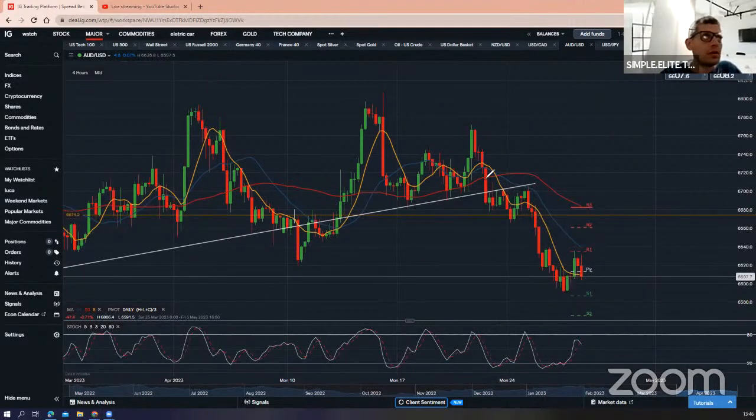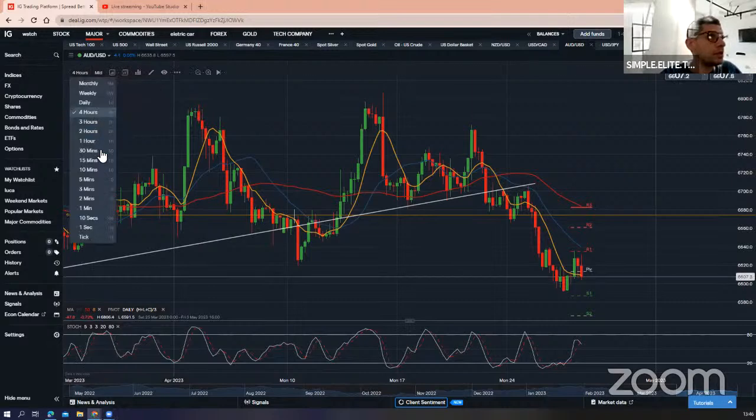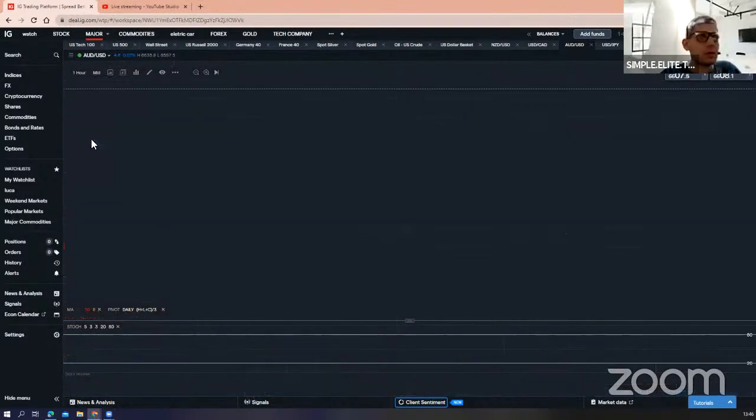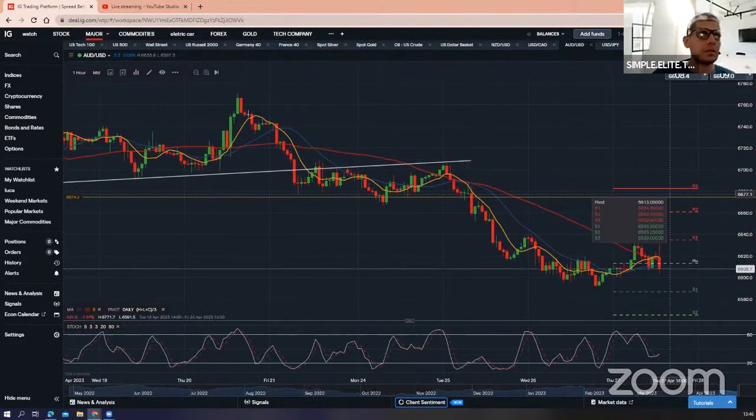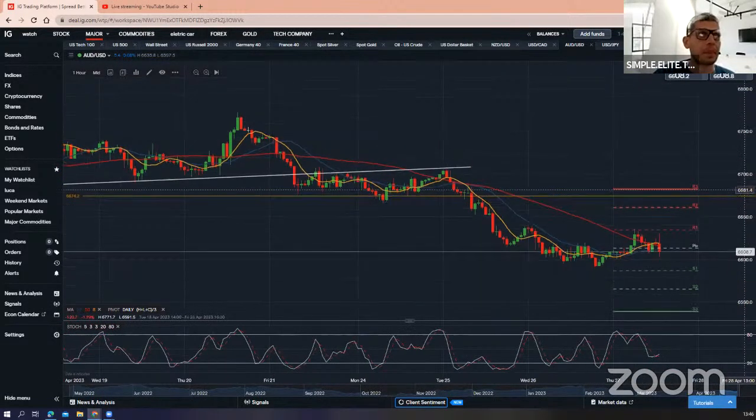It's already changed trend, 4 hour, 1 hour. But until the dollar breaks the trend line, I'm not going to trade at the moment. But it looks interesting.